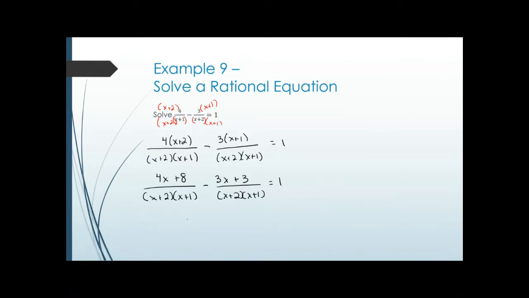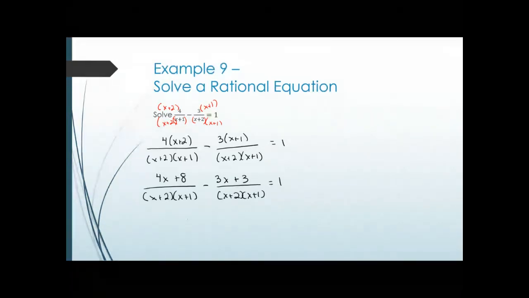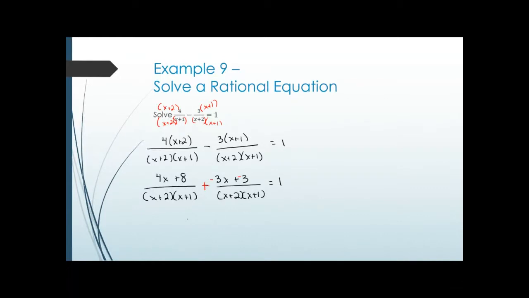Now I'm going to combine these fractions, and a very common error people make when subtracting something with multiple terms on the top is they mess up their signs. So what I do is I take the subtraction, I turn it to a plus, and then I change the signs of everything to the right of that subtraction, because you're subtracting everything there. And you're less likely to make mistakes if you do that.